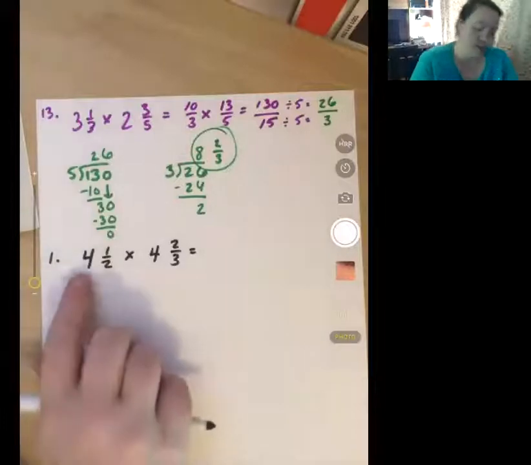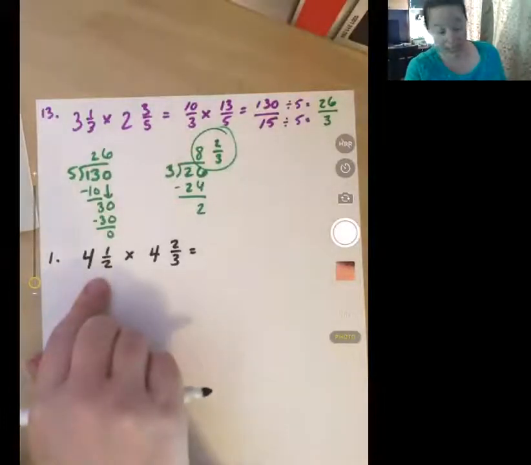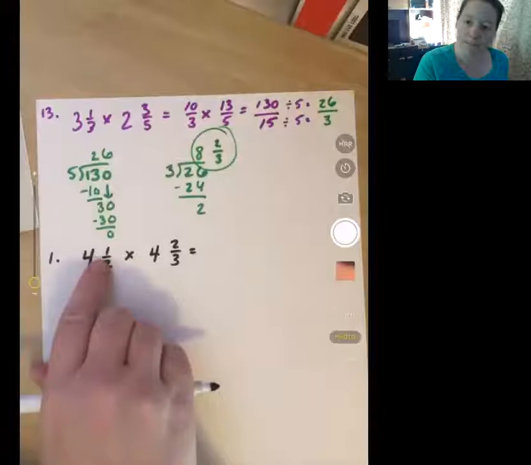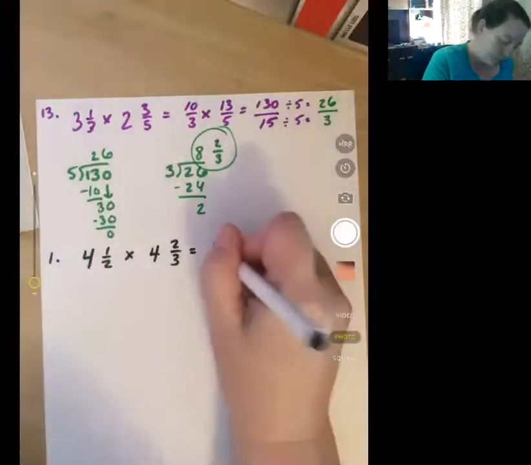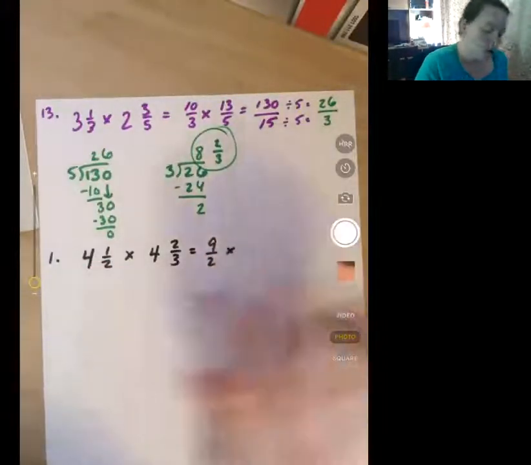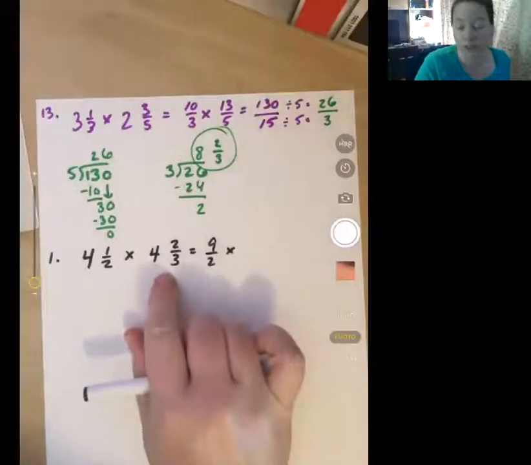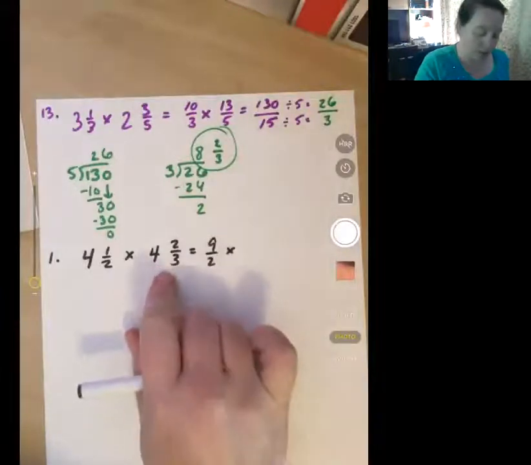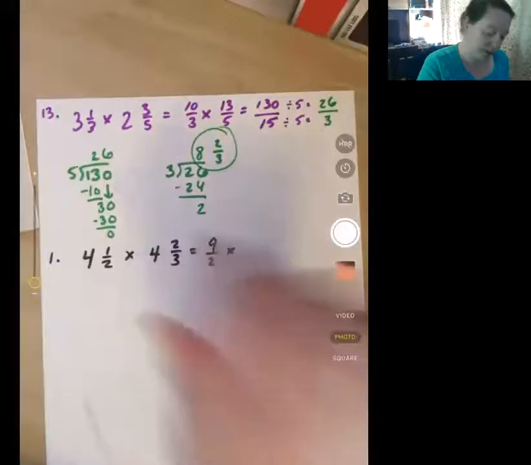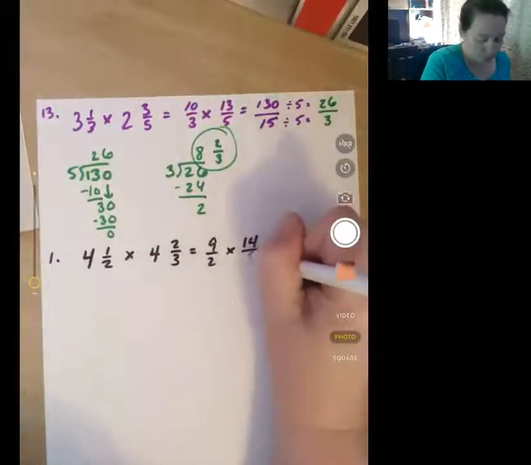Whole number times denominator, 4 times 2, 8, plus the numerator, 9/2. Whole number times denominator, 4 times 3, 12, plus the numerator, 14/3.